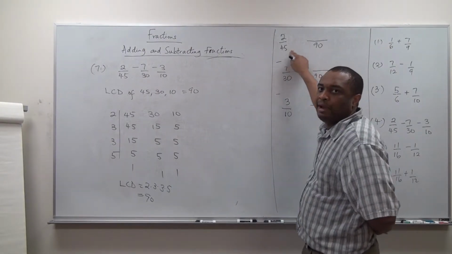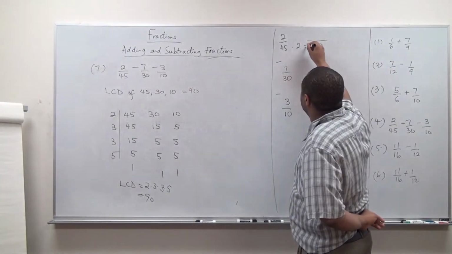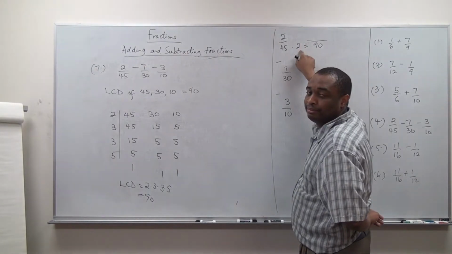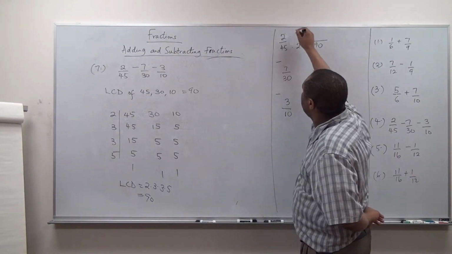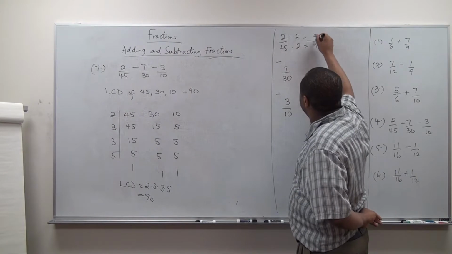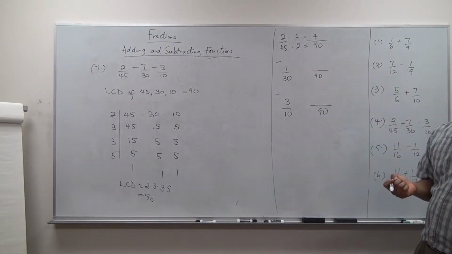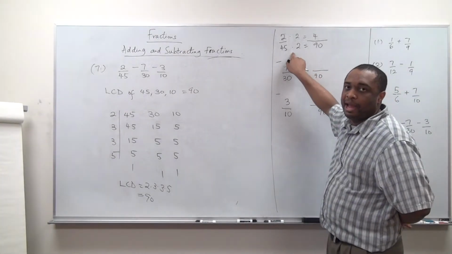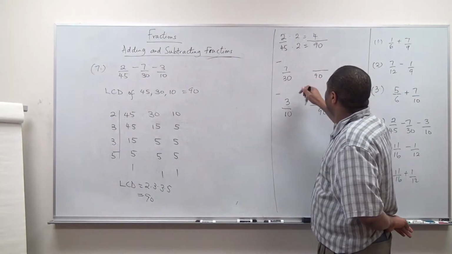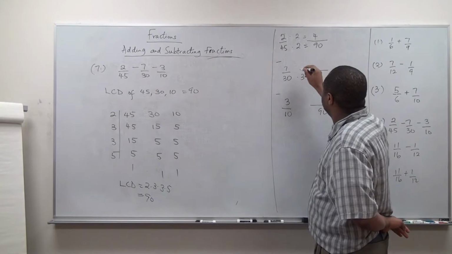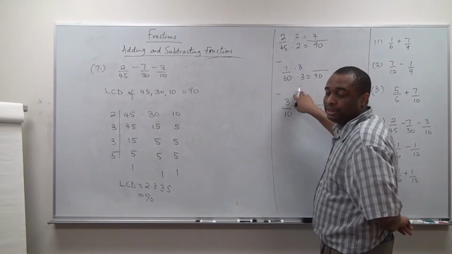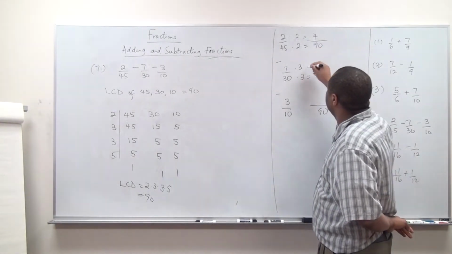What do we do to 45 to give us 90? Times 2. What you do to the bottom, the denominator, you do to the top, the numerator. 4 over 90 is the equivalent fraction of 2 over 45. Then 30 to 90 is times 3.